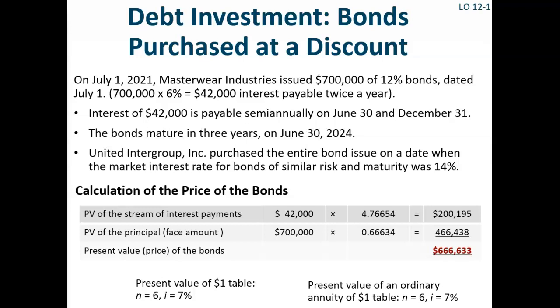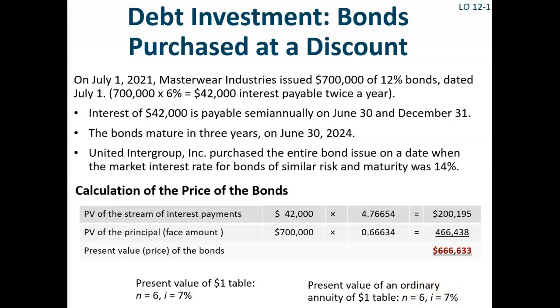When you're looking at present value tables to calculate the issue price of a bond, always use the market rate of interest. The annual market rate of interest is 14%. Interest is paid twice a year, so the semi-annual market rate of interest is 7%.